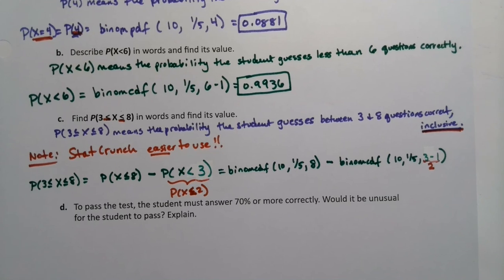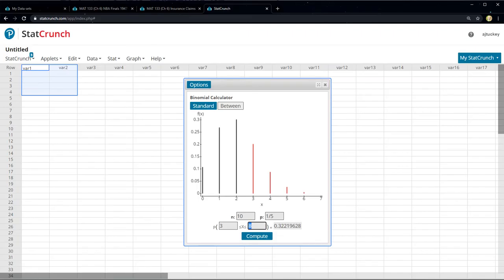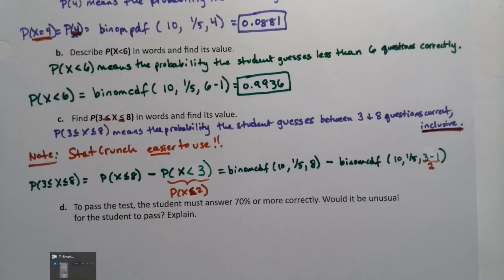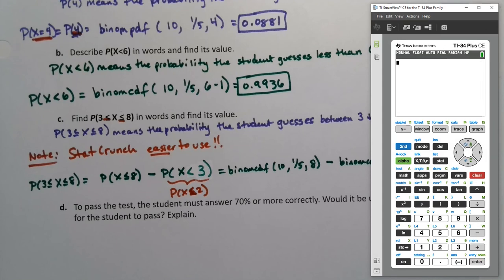And you're going to get the same answer. I mean, we already have it. We have it sitting there with StatCrunch. It's 0.3222. But let me prove it to you. So if I go to the calculator, I'm going to clear all this out. So second distribution, binomcdf. Yes, I could have grabbed it from earlier, but that's okay. 10, 1/5, 8. Paste. This is why we're pasting, right? Because if I paste, then I don't have to run it.